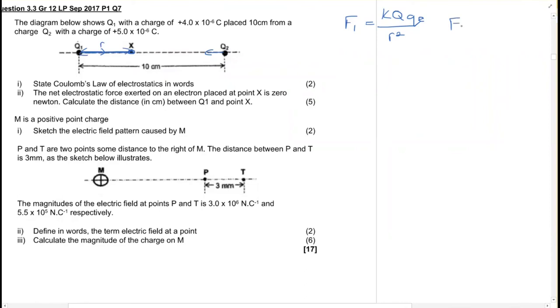Now, the force of Q2 on the electron is K Q2 times the charge on the electron. Now, our distance here is the 10 centimeters minus R. 10 centimeters, so what's 10 centimeters? 0.1, minus R, and that is squared.